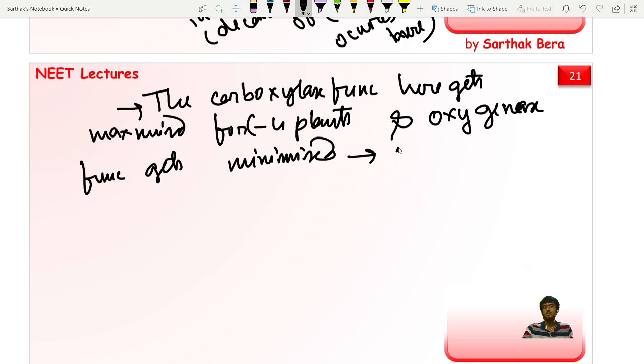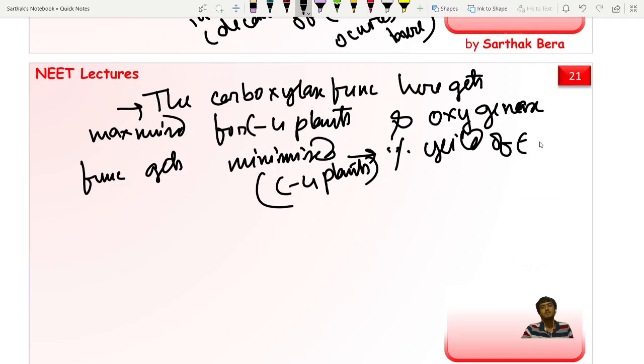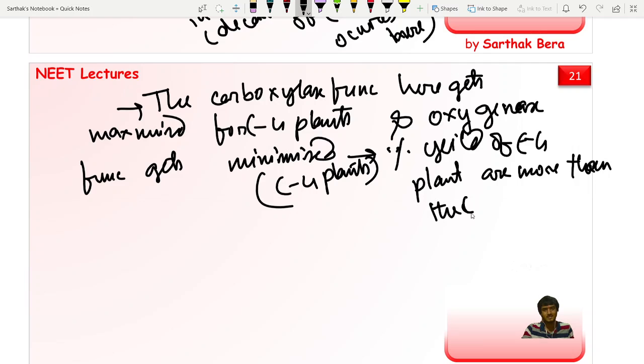So in case of C4 plants, the percentage yield of the C4 plants, or the photosynthesizing efficiency of the C4 plants, is more than the C3 plants. The photosynthetic ability of the C4 plant is more than the C3 plant.